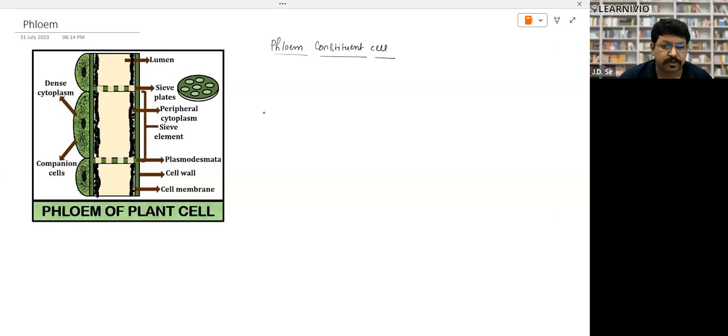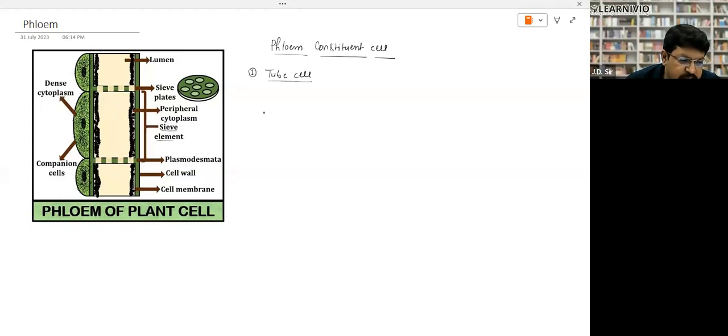So the first phloem cell is the sieve cell, or we can say tube cell. So the first cell is the tube cell. Look, these cells are called sieve tubes, right? This is called a sieve element.